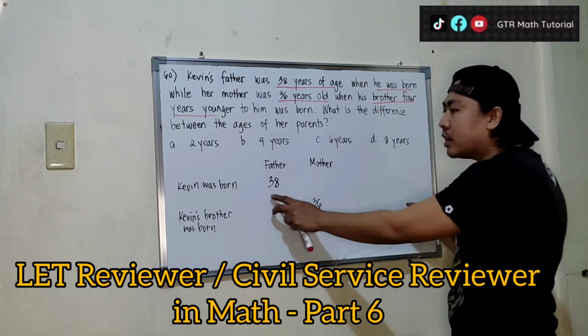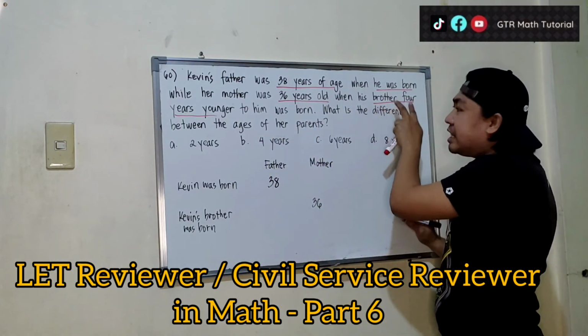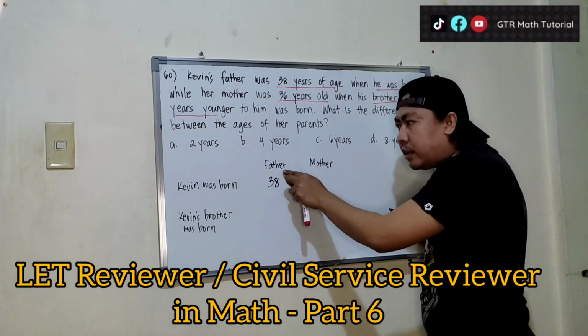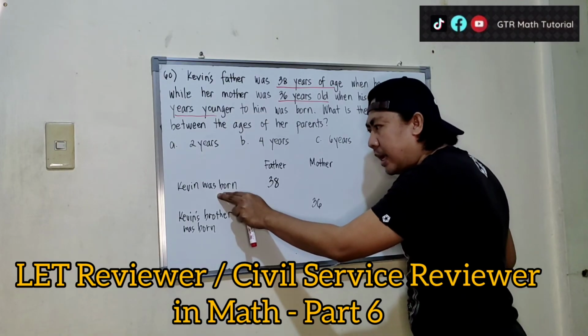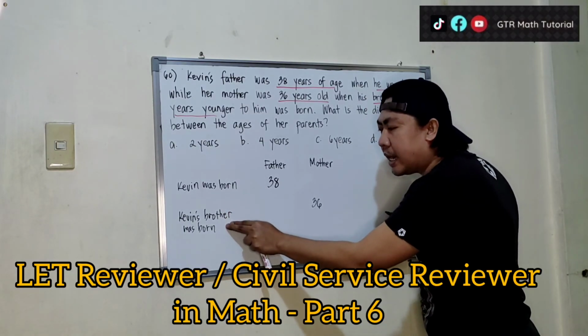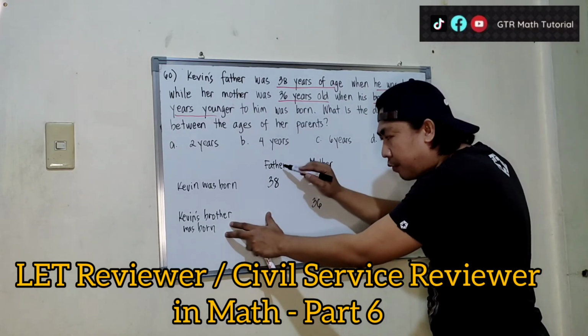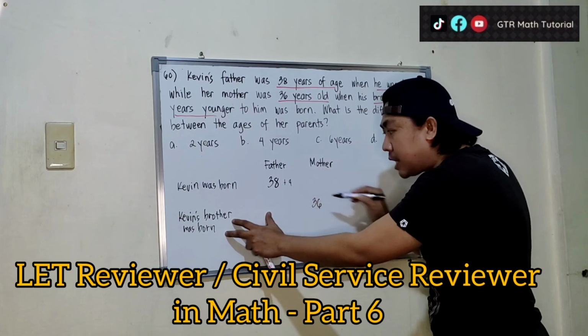was born 4 years younger. So, paano natin isulat dito? Ilan na yung age ng father niya? So, 4 years younger, ibig sabihin, after 4 years. So, therefore, kung father ni Kevin ay 38 years old nung pinanganak si Kevin, then after 4 years, pinanganak naman yung kapatid ni Kevin. So, magkakaroon lang tayo ng plus 4 dito.